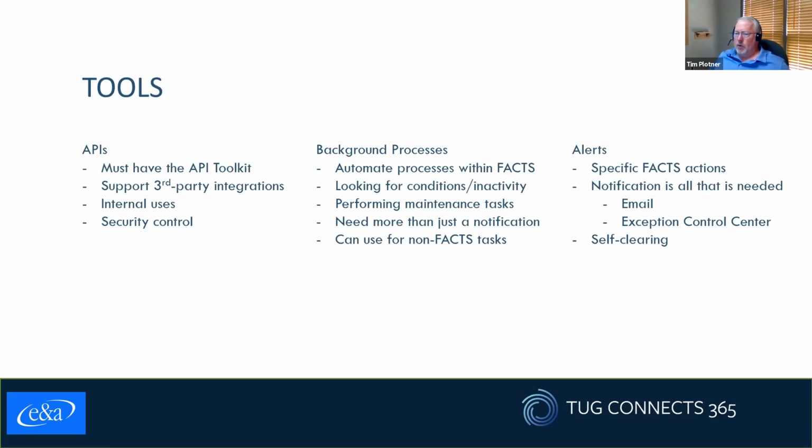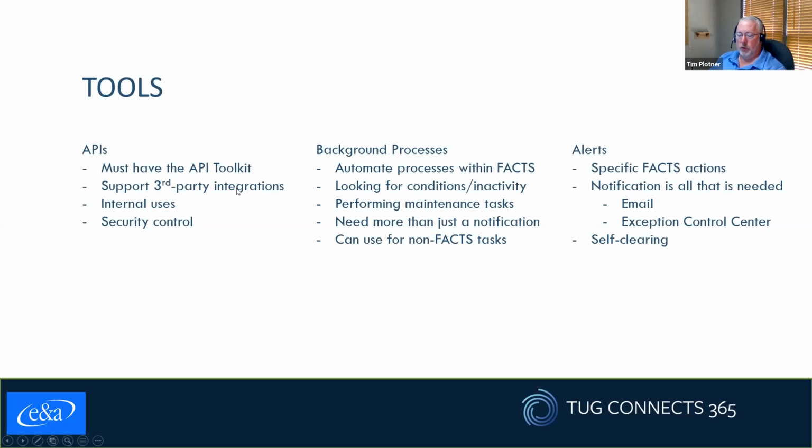Okay, so to get into the tools, let's first talk about the API toolkit. As I mentioned, you have to purchase or license that API toolkit from Infor. So if you don't have it, you need to purchase it. Some of the things the APIs are for include supporting third-party integration.